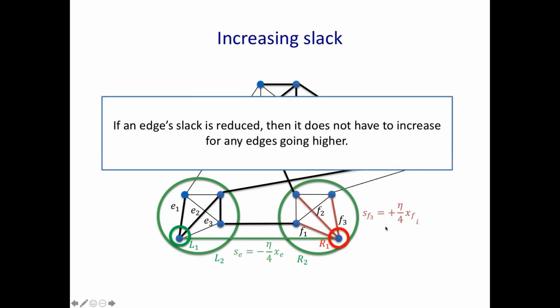And something important to keep in mind here is that if an edge is reduced, it definitely does not have to increase its slack for any edge it's matched to. This is because it only has to potentially increase slack for its top two cuts, but the decrease event implies both of these cuts are even. So the increase and the decrease events are disjoint, and it only remains to show that the expected decrease of an edge is greater than its expected increase.